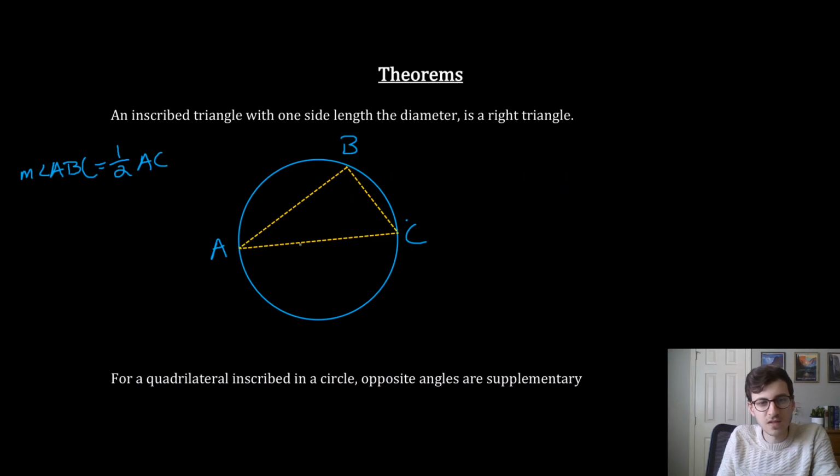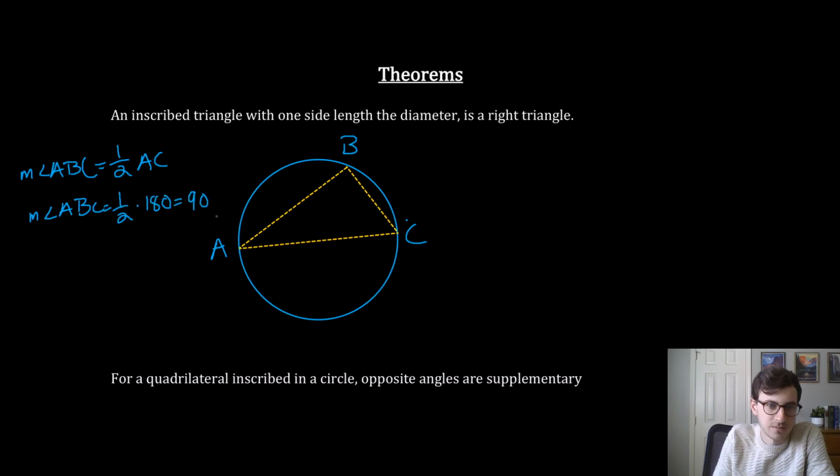Now, AC is half the circle, and that length is half the circle. So I know that arc AC is 180. So that means that the measure of ABC is 1/2 of 180, which is 90. Okay, so that means no matter what, it's a right triangle.